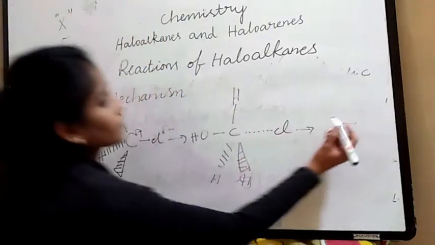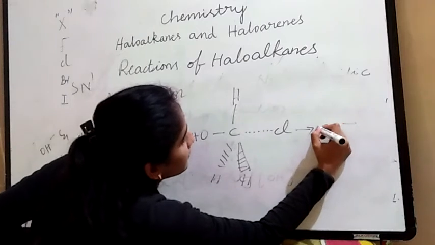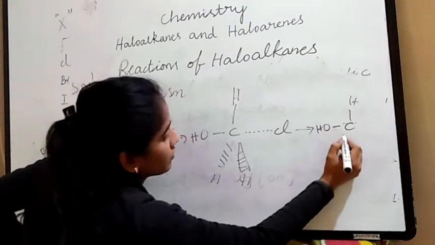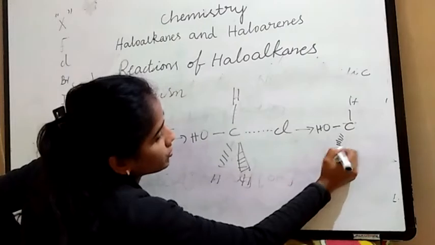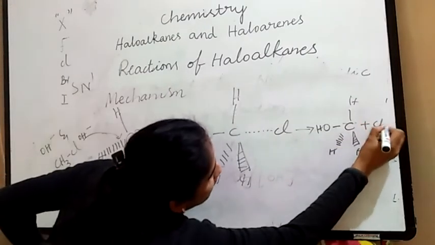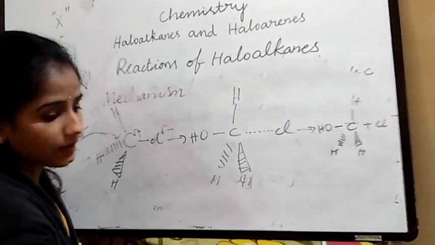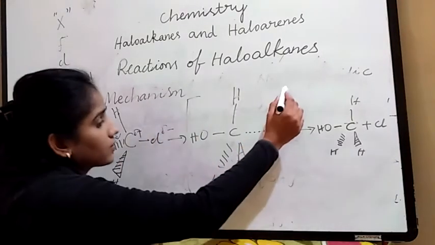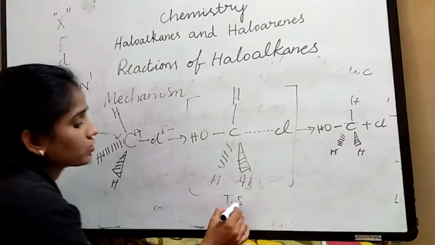So I will get methyl alcohol here, OH, C, H, H, H, with the removal of the halide ion, Cl minus. Okay, this is a transition state.